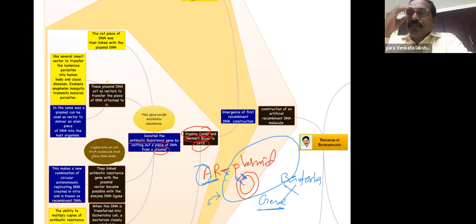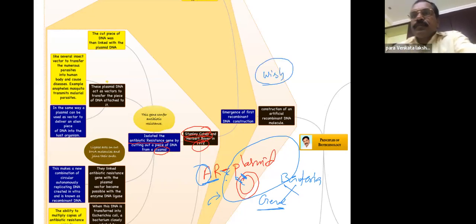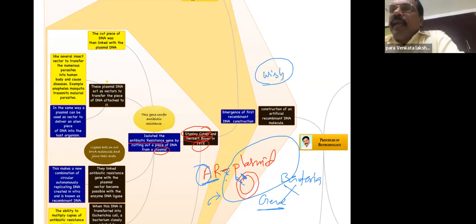Sometimes what will happen? In TB, in the diseases we will discuss. In TB, if you use the antibiotics as per your wish, then the antibiotic will not work, second time, third time, maybe 20th time.